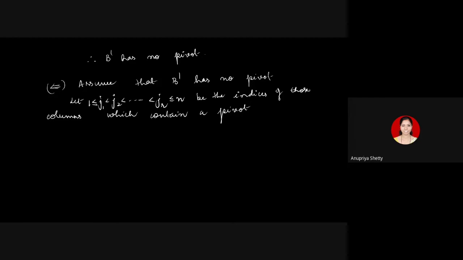Or it may happen that two of the columns have a pivot, but one of them doesn't. So there are many such possibilities. We will assume that there are some R number of columns, written in increasing order of their indices. Say J1 is one number, which represents the column having a pivot. J2 represents another column which has a pivot, and so on.